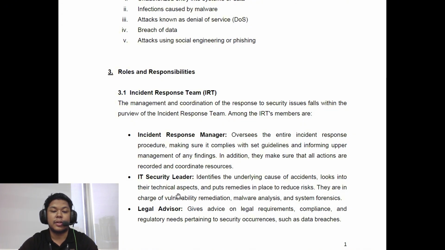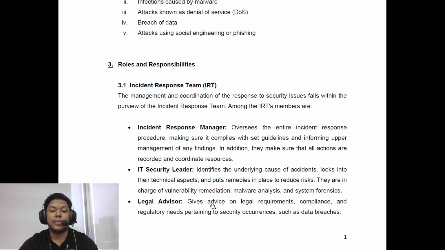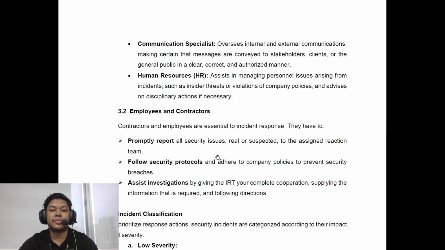So the third member of the team is the legal advisor. The legal advisor is to give advice on legal requirements, compliance, and regulatory needs pertaining to security occurrences such as data breach. So the fourth member is the communication specialist.